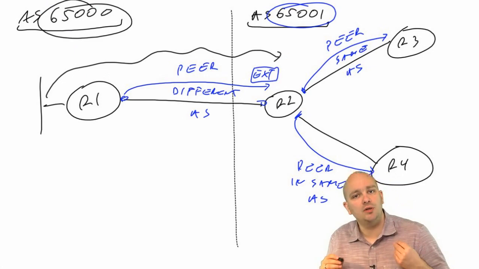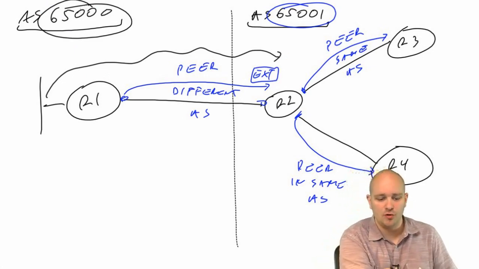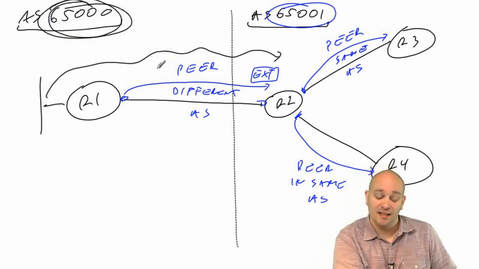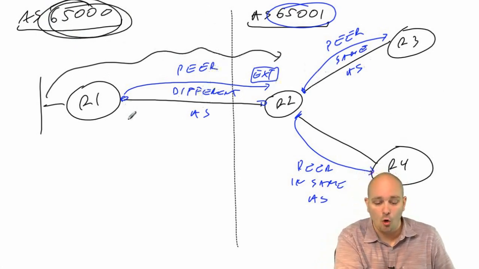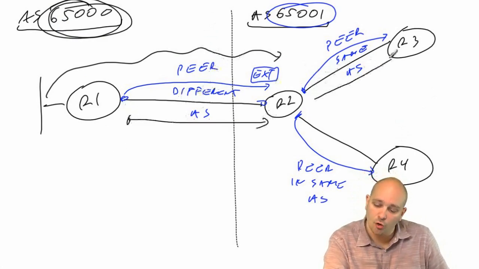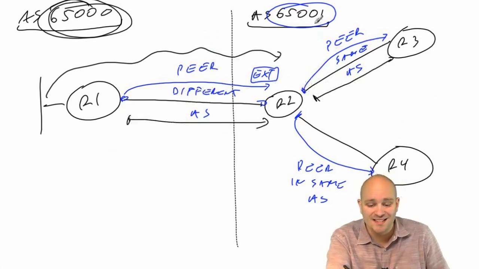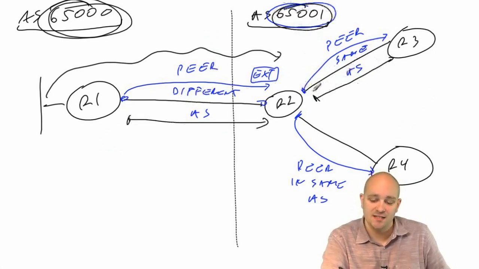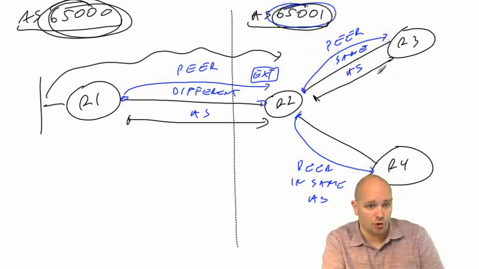In other words, we don't care about the originating autonomous system. This would be the originating autonomous system, but it would in this case also be the peer autonomous system. On this session here, on this route exchange, the peer autonomous system is the same as ours. That means that all the routes learned from here are considered to be internal routes.